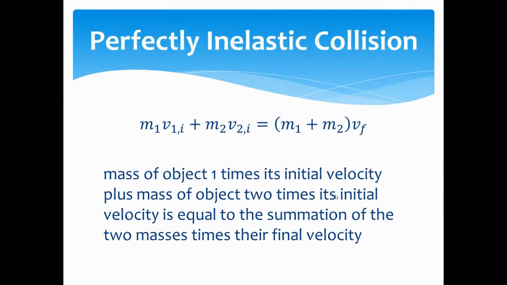The equation is m1 v1i plus m2 v2i is equal to m1 plus m2 times the velocity final. In other words, the mass of object 1 times its initial velocity plus the mass of object 2 times its initial velocity is equal to the sum of the masses times their final velocity.